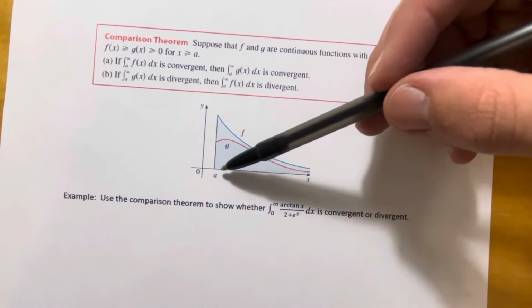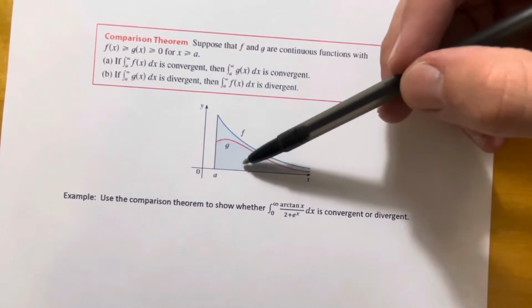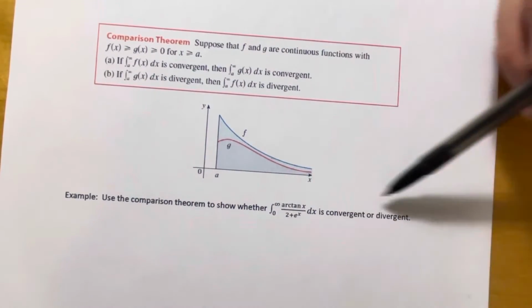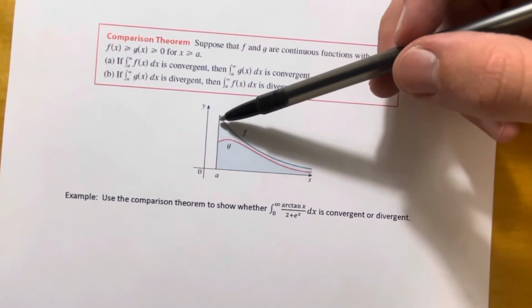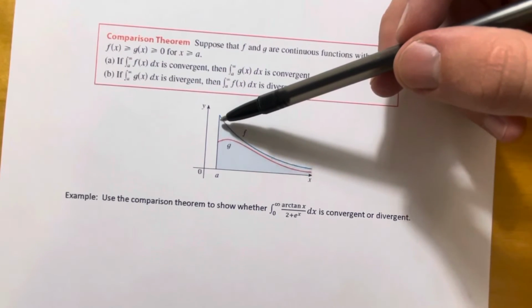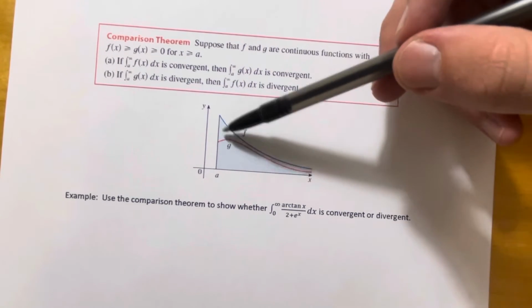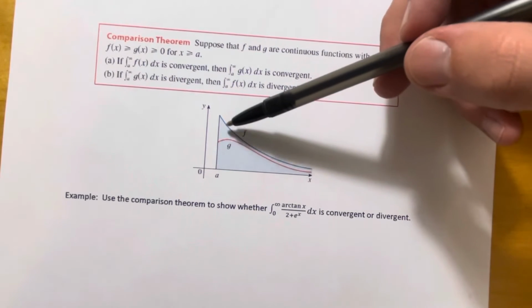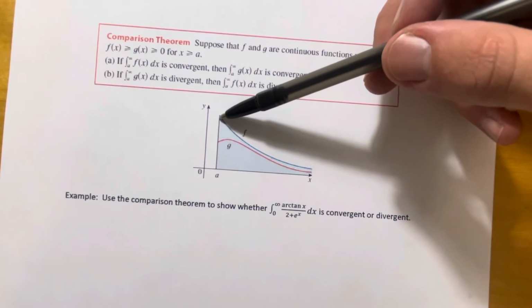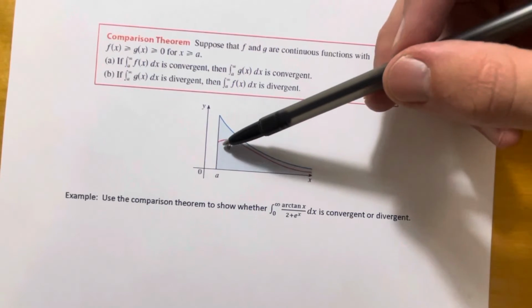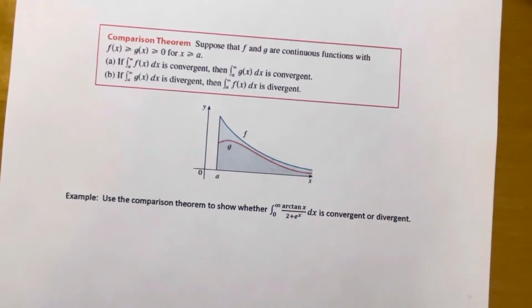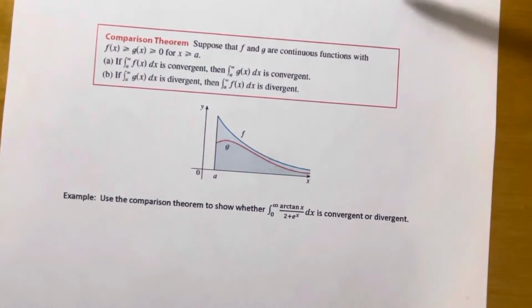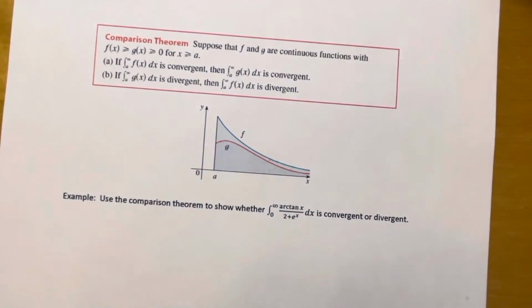If that's divergent, that means that there's essentially an infinite amount of area in this region as we continue indefinitely moving towards the right. But the region under f, like we've said before, is strictly larger in this example than the area under g. So it wouldn't make any sense for the area under f to be finite if a smaller area is infinite. Okay? That means that this would imply that integral is also divergent.